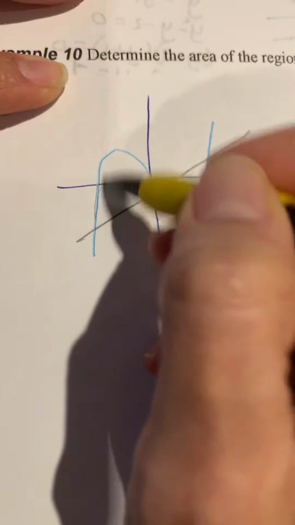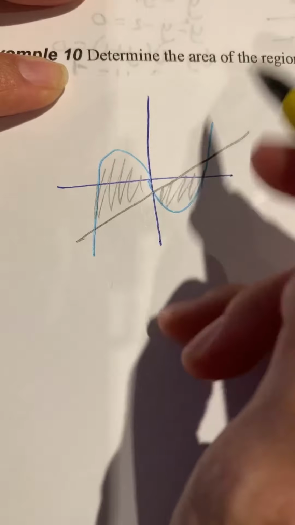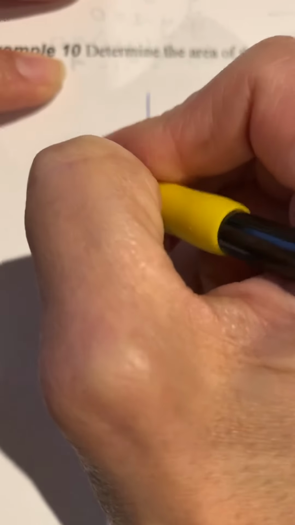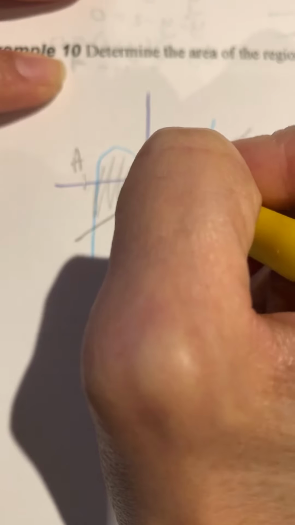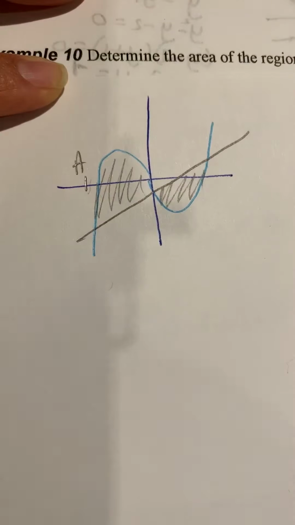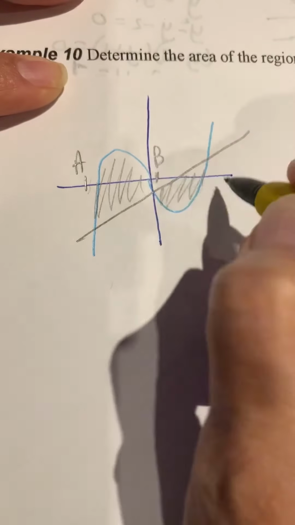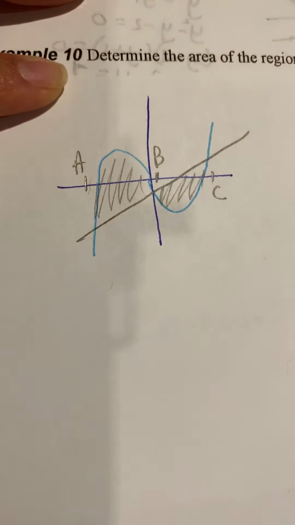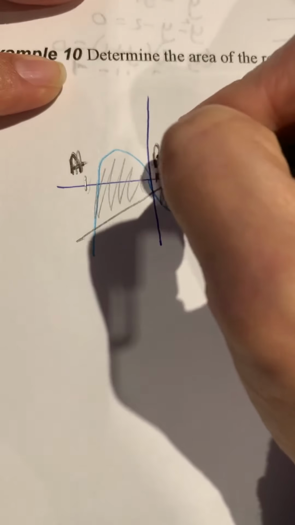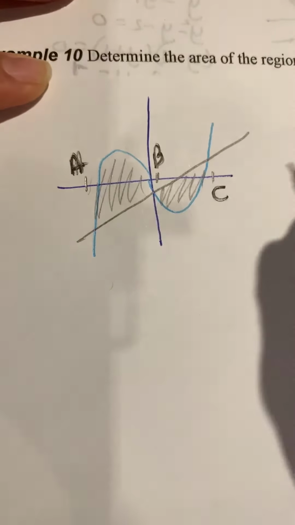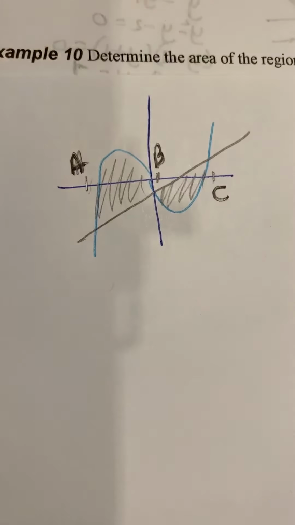Okay, and these are my areas, and I know that there's an intersection here, A, an intersection somewhere around here, B, and somewhere around here, C. Okay, I am going to find A, B, and C, and I'm going to label them over here as to what they are.